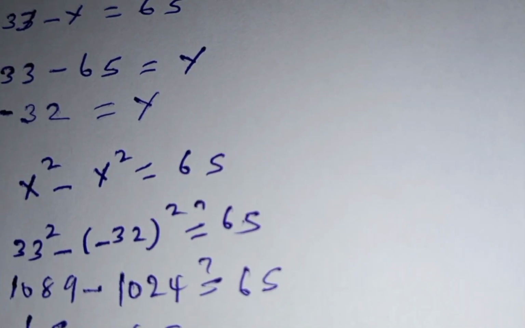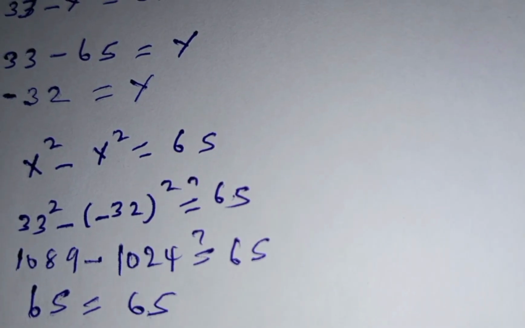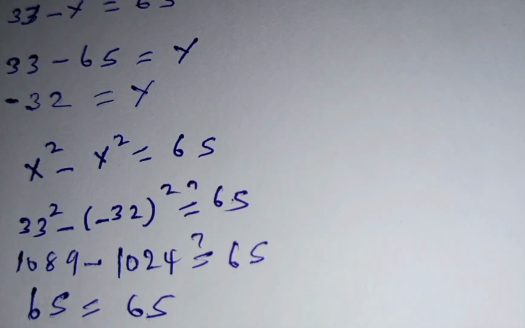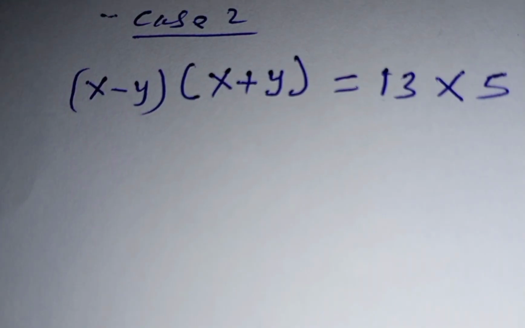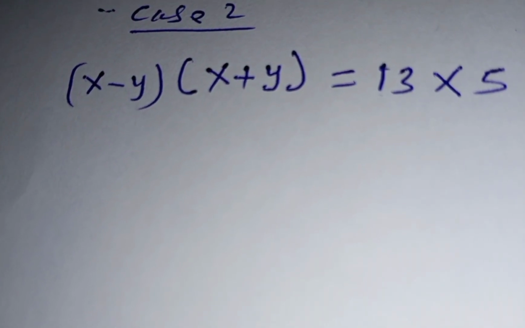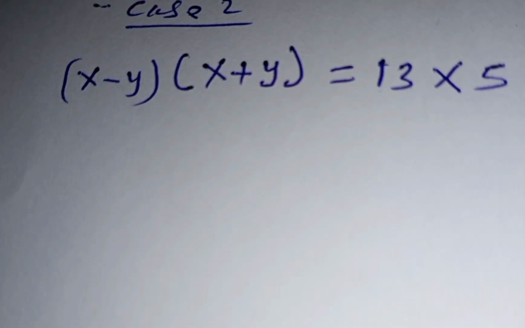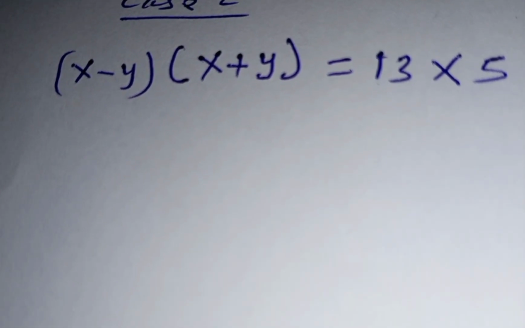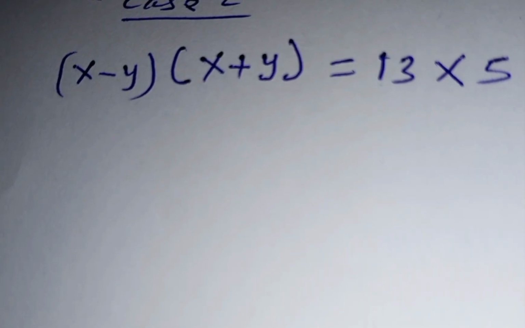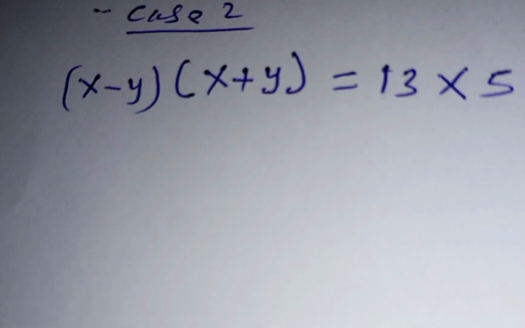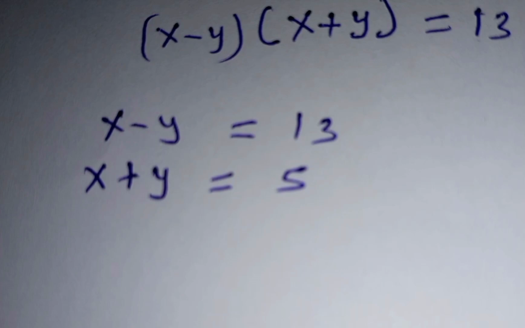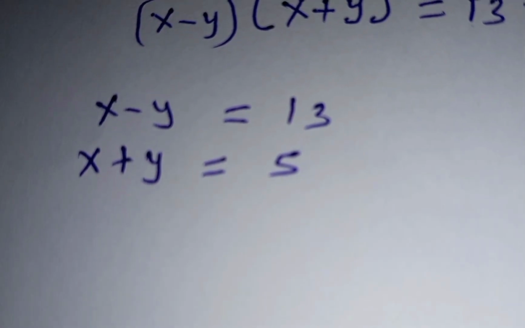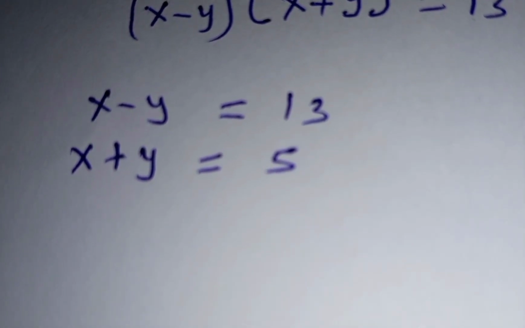Let us go to case 2 and see the other possible values of x and y. So in case 2, we have (x minus y) multiplied by (x plus y) being equal to 13 multiplied by 5. So you have either x minus y is equal to the first number, which is 13, and x plus y is equal to 5, a pair of simultaneous equations which can be solved by elimination.